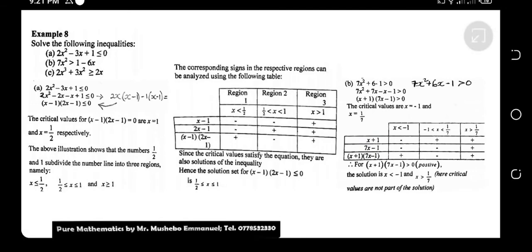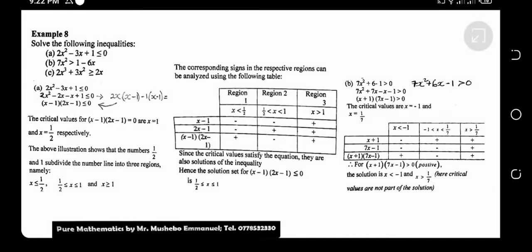For x less than -1, we can pick -2, and when you put -2 in x plus 1, you get a negative answer. So we write a negative sign. Also here, -2 times 7 minus 1, we also get a negative answer.